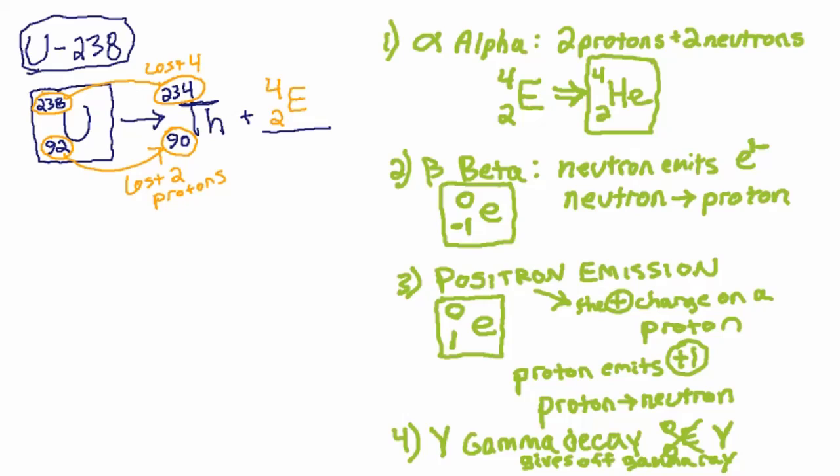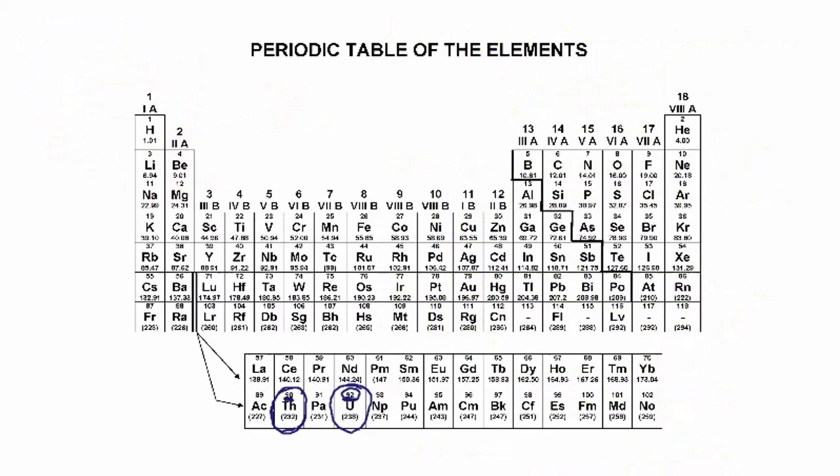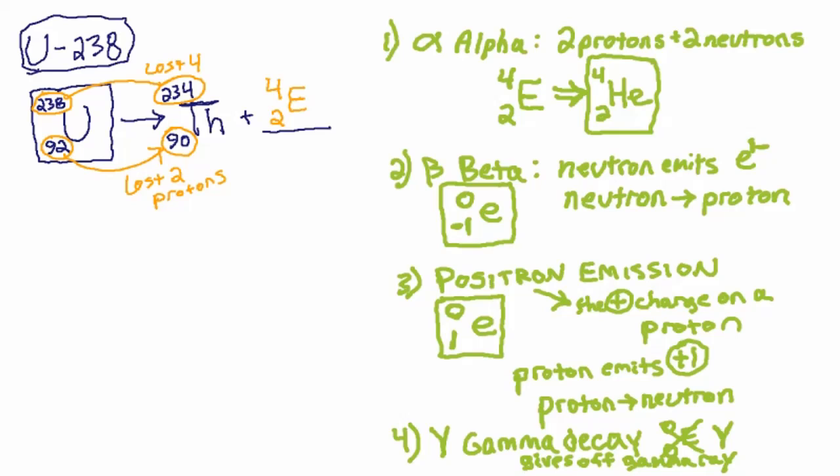But if you look up on the periodic table, helium right here is atomic number 2 and a mass of 4. So we're going to go back to our formula, and instead of that E, we're going to just go ahead and admit, yeah, it's a helium atom.